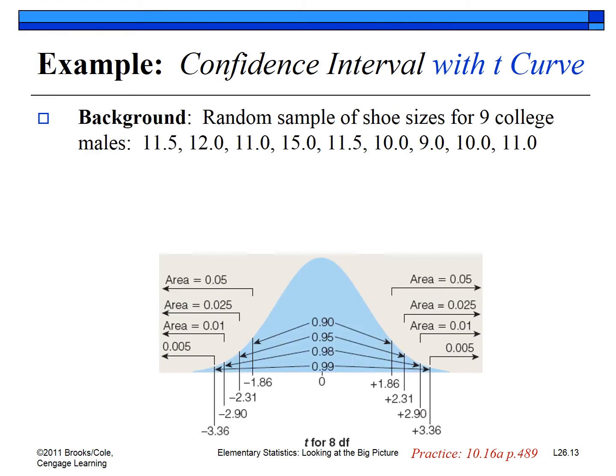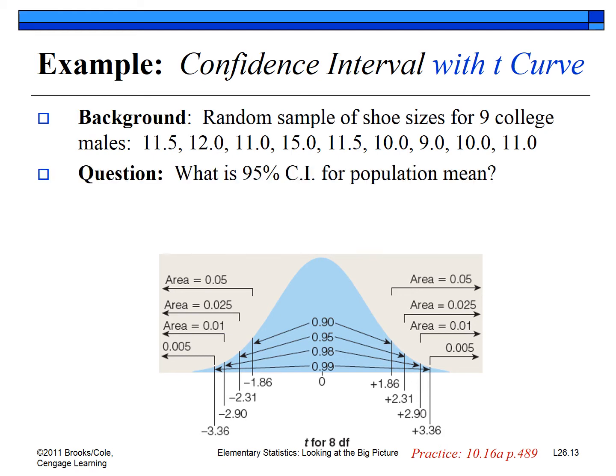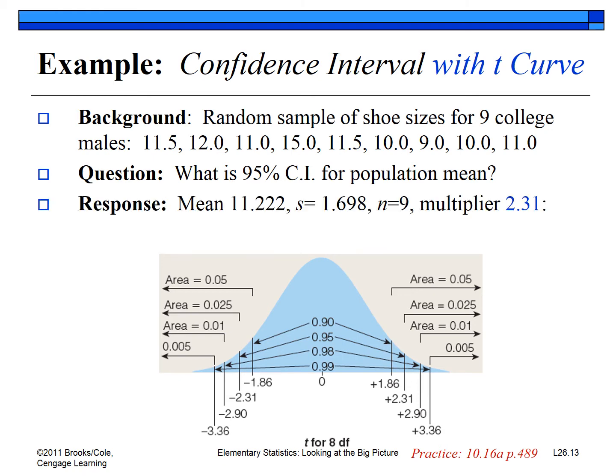For example, take this random sample of shoe sizes for 9 college males. Let's compute the 95% confidence interval for the population mean. Well, if we compute the mean of the sample, we get 11.222. The standard deviation of the sample, and again that's sample standard deviation, S, is 1.698. The sample size is n, which means our degrees of freedom is 8.